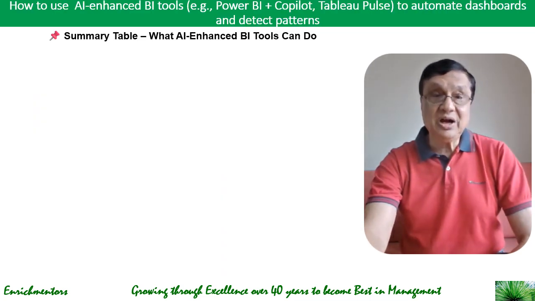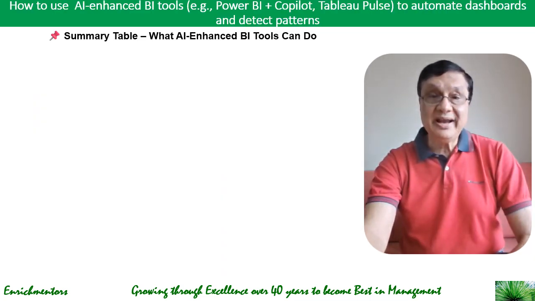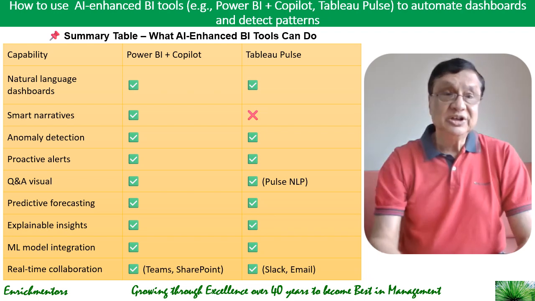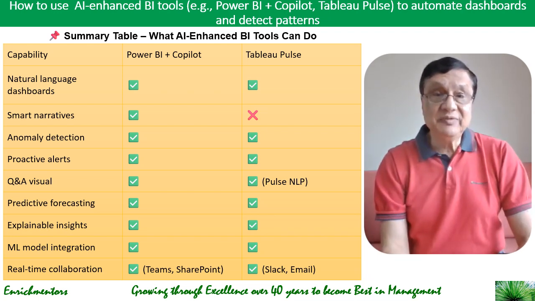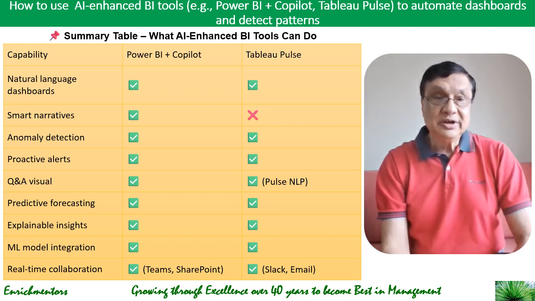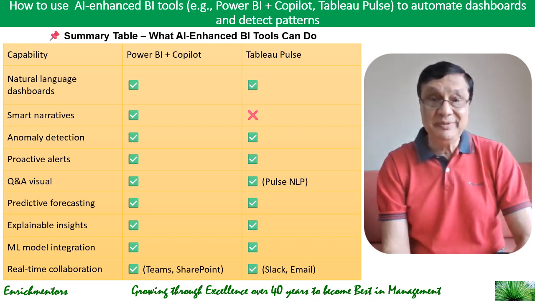So let's summarize what AI-enhanced BI tools can do for you, to automate dashboards and detect patterns. First, we will take a look at both options, Power BI plus Copilot and Tableau Pulse. Both can do natural language dashboards. For smart narratives, you will have to use only Power BI and Copilot. Tableau Pulse won't be able to do that, whereas anomaly detection can be done by both, as well as proactive alerts.